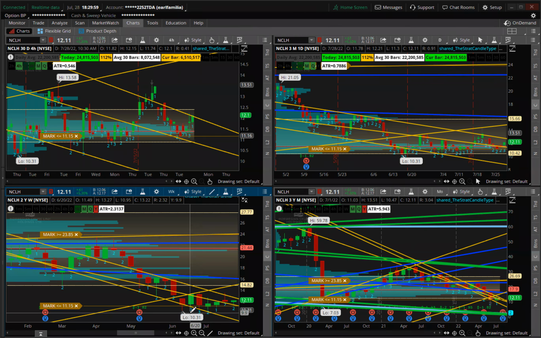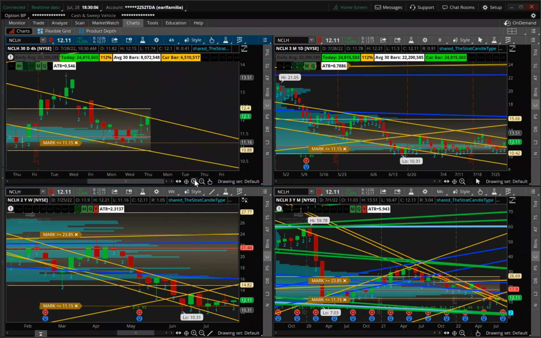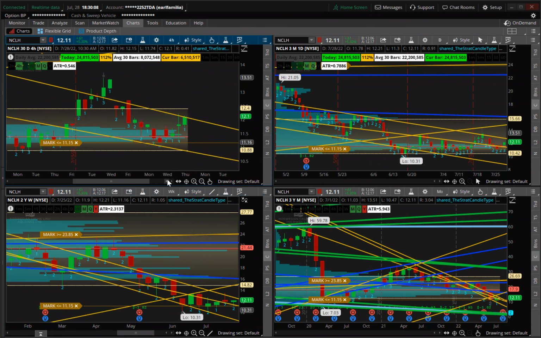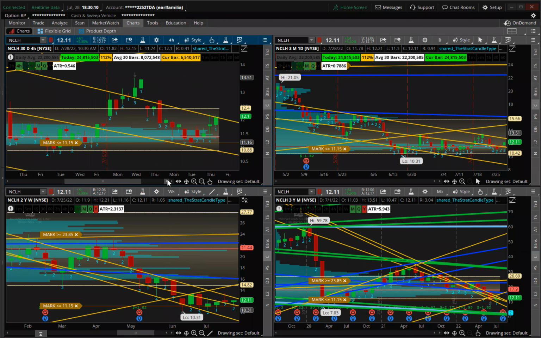Yeah, it's choppy. Even though it gives a good looking setup, overall it's choppy. But for tomorrow's move, there could be some potential.